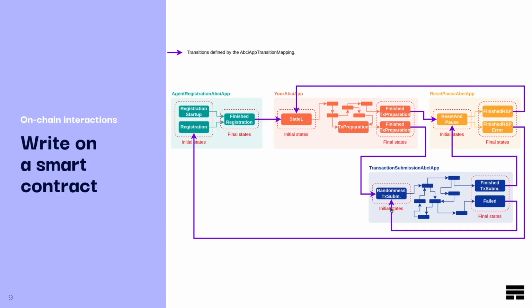And once transaction submission has finished settling your transaction, you need to rewire where you want this state to go. In this case, we are simply transiting to the reset and pause, but of course you can wire this according to the needs of your service.